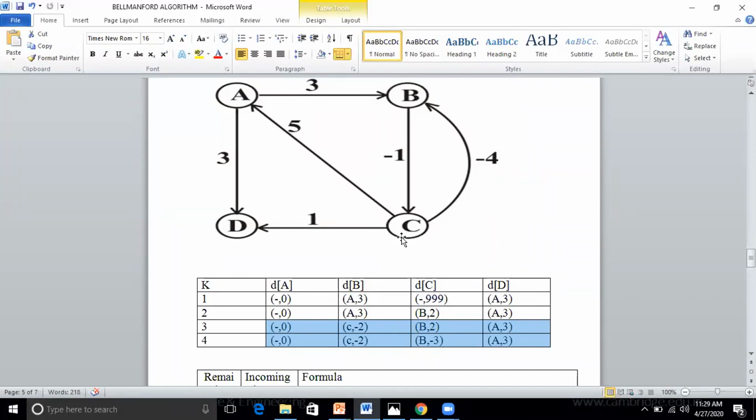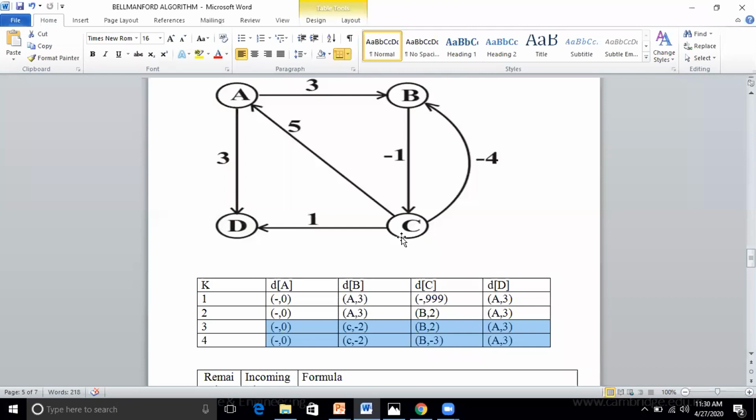So what have we discussed in today's class? The Bellman-Ford algorithm. Bellman-Ford algorithm is a single source shortest path algorithm which uses the dynamic programming design technique.